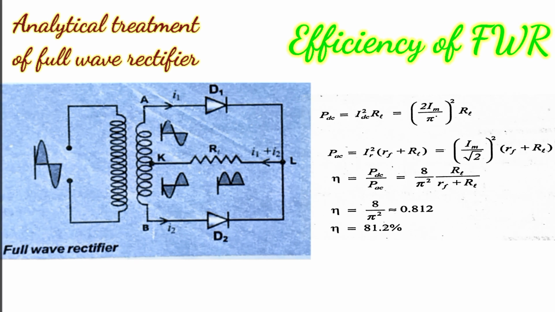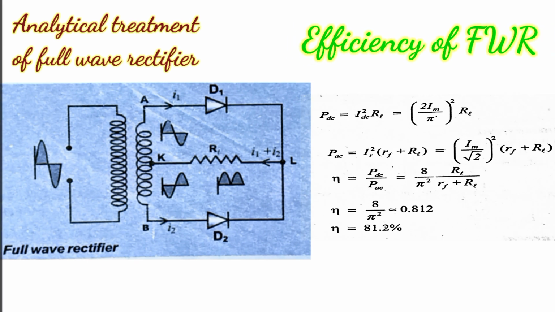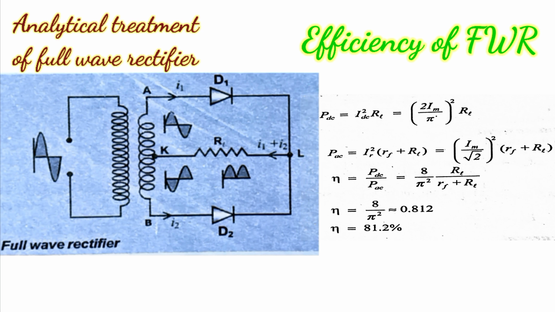Now let us calculate the efficiency of the full wave rectifier. Output DC power PDC equals IDC square into RL, equals (2Im upon pi) whole square into RL. Input AC power PAC equals IR square into (Rf plus RL), equals (Im upon root 2) whole square into (Rf plus RL).